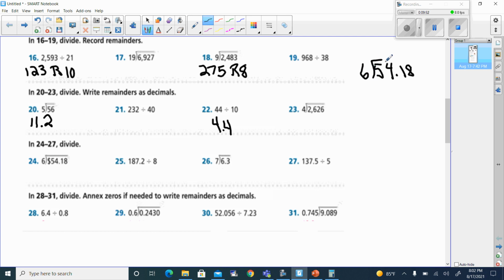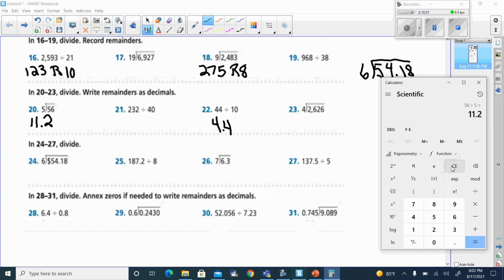In real life, this could be $54.18 divided by 6 people. How many times does 6 go into 54? Well, I'm pretty sure that 9 times 6 is 54, right? Do we remember that correctly? 9 times 6 is 54. See that?